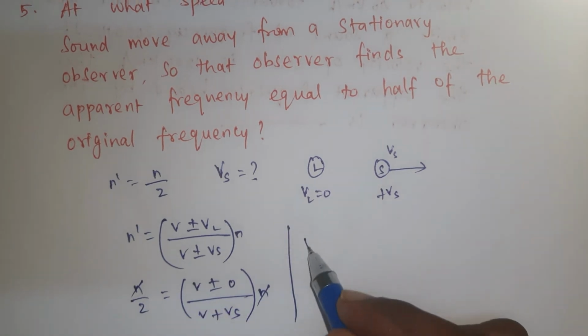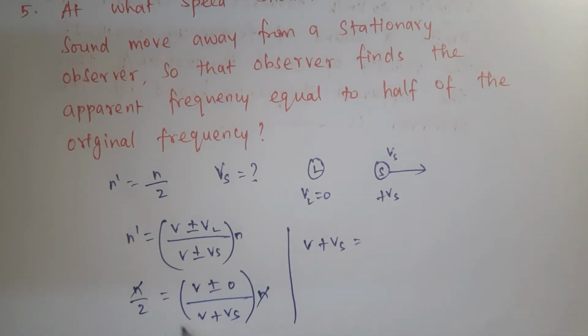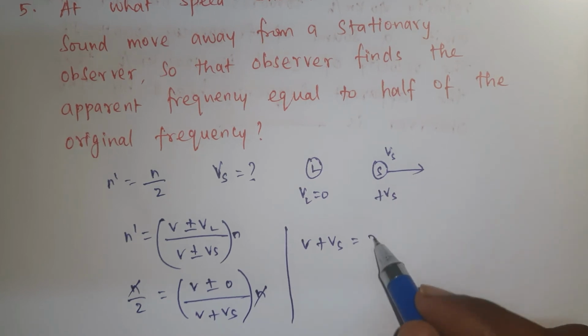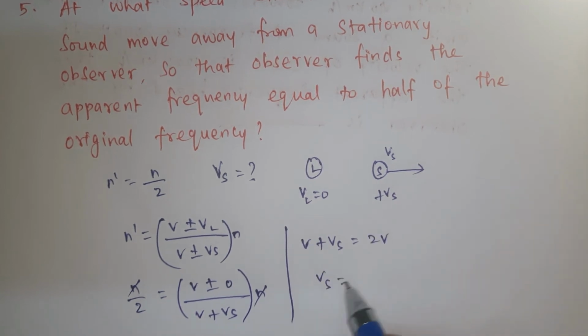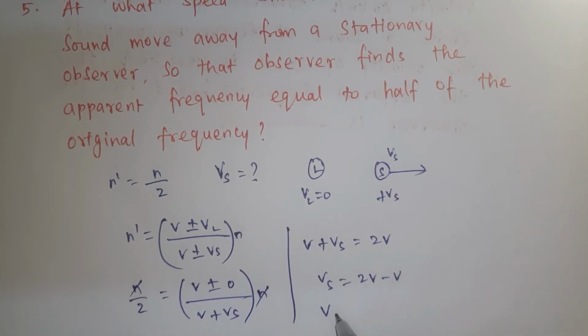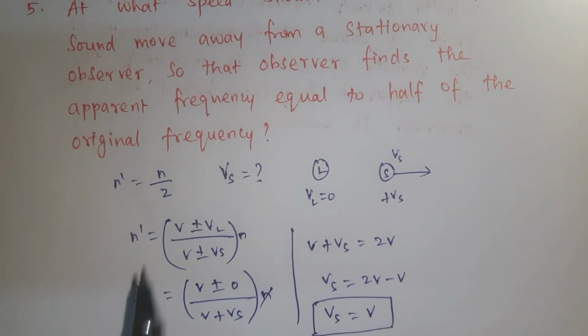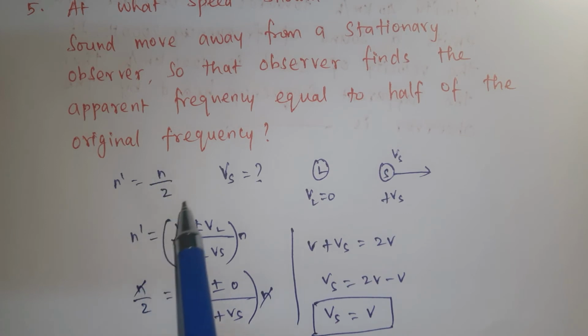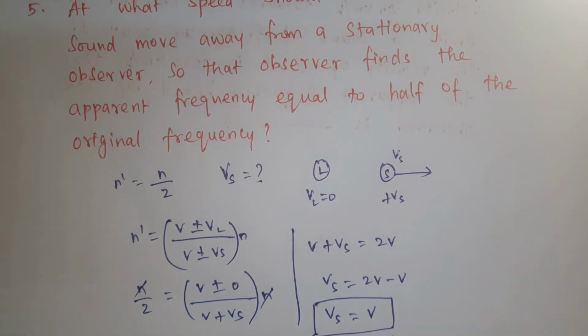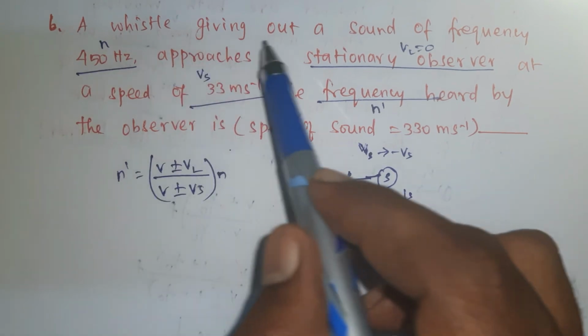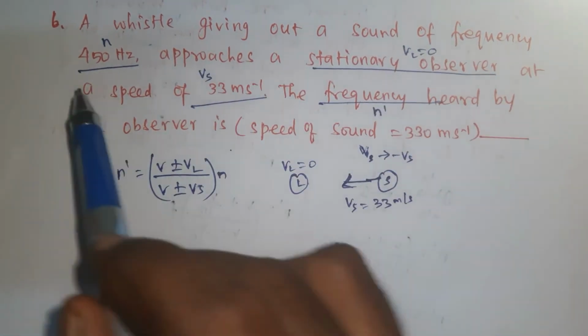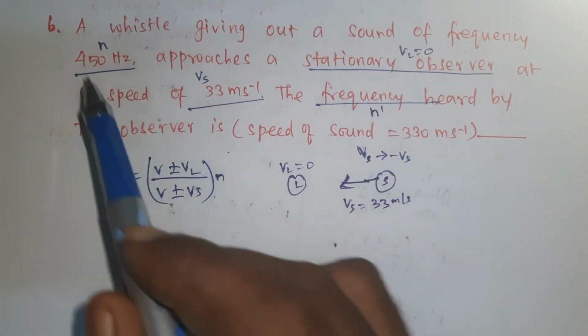Now cross multiply, V plus Vs is equal to 2V, then Vs is equal to 2V minus V, then Vs is equal to V. So to get the apparent frequency equal to half of the original frequency, the speed of the source should be equal to the speed of sound. This is the answer.